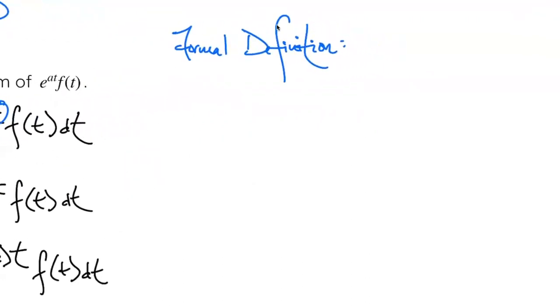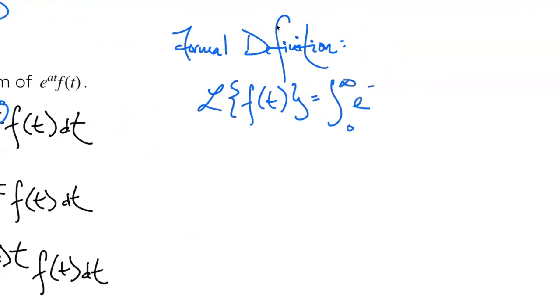But the formal definition said that if we take the Laplace transform of some function, that was the equivalent of the integral from 0 to infinity of e to the negative st times that function. And ultimately, we found that this is going to be equal to uppercase F of s. That's how we defined it, okay?